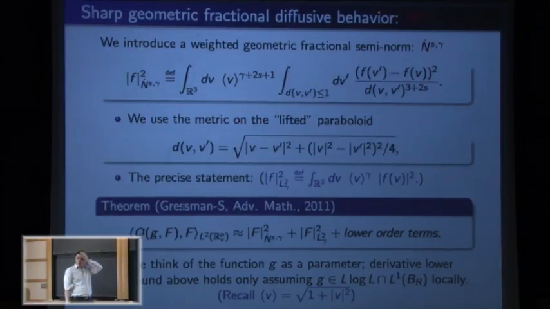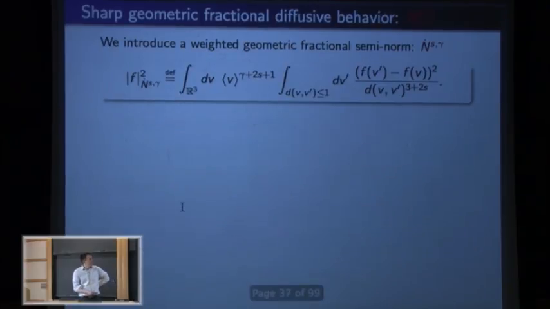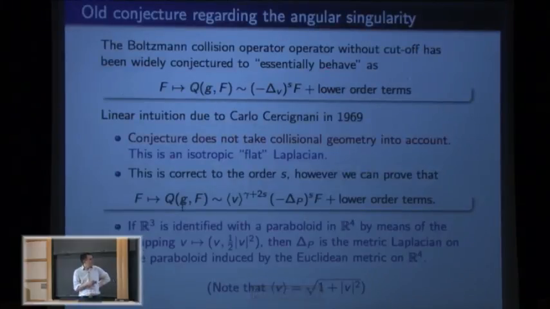No, we found it. This norm wasn't conjectured at all. We discovered the sharp diffusive behavior of the equation, and the conjecture was this, and this is correct locally, but it's incorrect globally in the velocity variables.